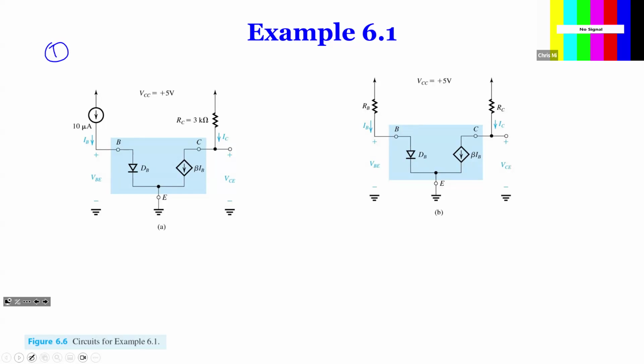You can say that VBE is going to be 0.7 volts. That's what they're telling before. And IC equals beta times IB equals 1 milliamp.